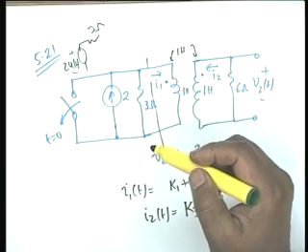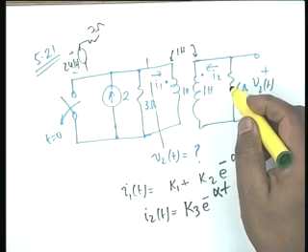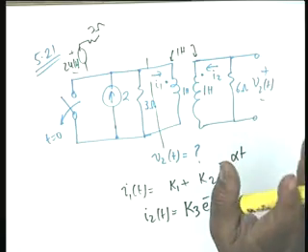Instead of writing the current equation, I write a loop equation. There is nothing sacred about loop equation or node equation. You can write either, they are equally convenient. Well, I did it by making it into a Thevenin equivalent. Is the point clear?